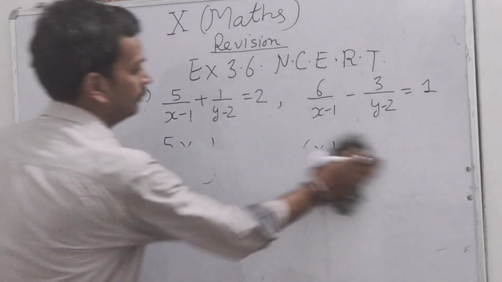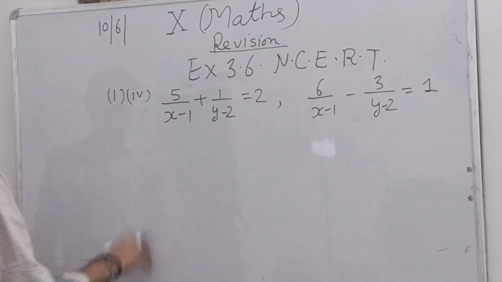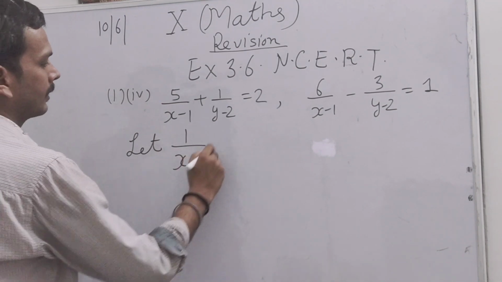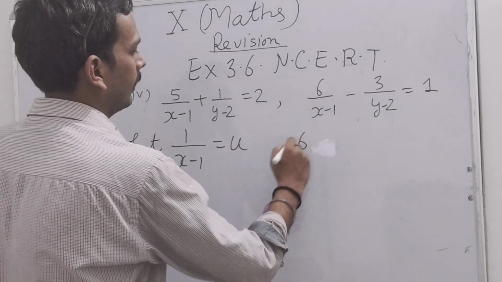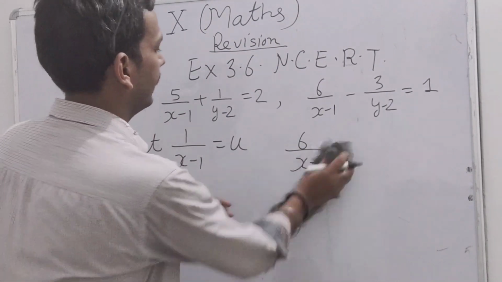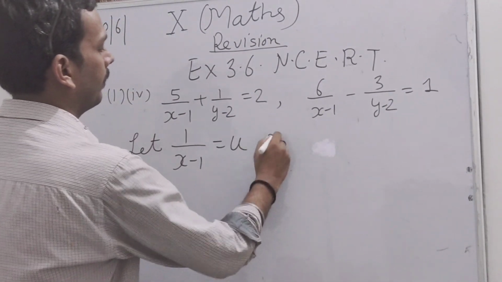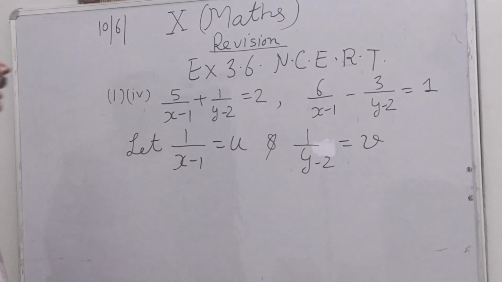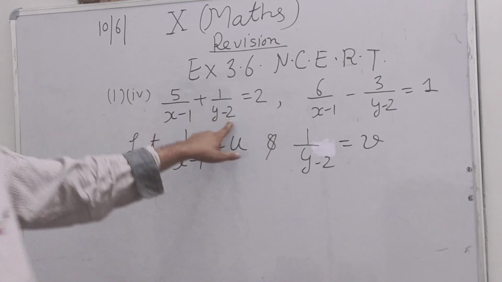So, let 1 upon x minus 1 is equal to u, and similarly 1 upon y minus 2 is equal to v. The same pattern for y also.